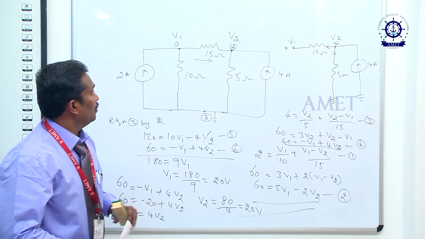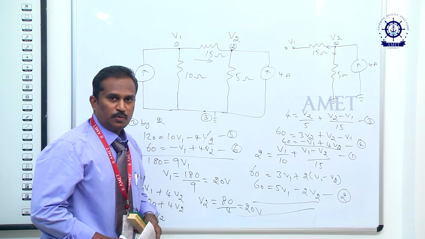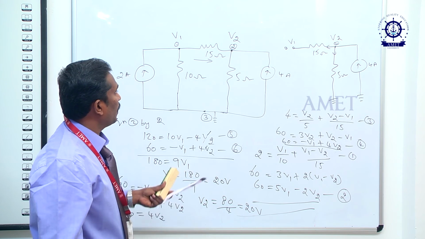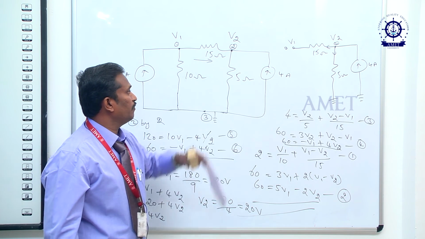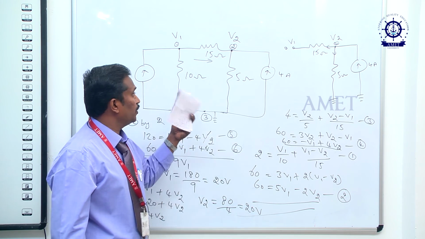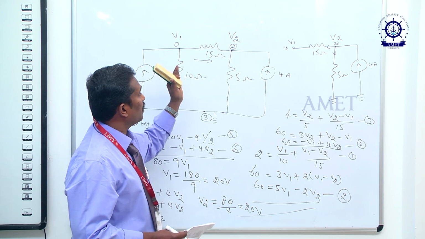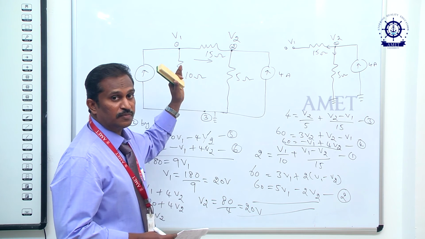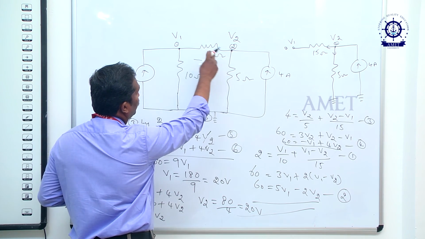So, the voltage V1 is 20 and V2 is also 20. As I said earlier, the voltage across the 15 ohm resistance is the potential difference between the nodes. The question asks to find the current through the 15 ohm resistance from left to right, so we consider this node and this node.